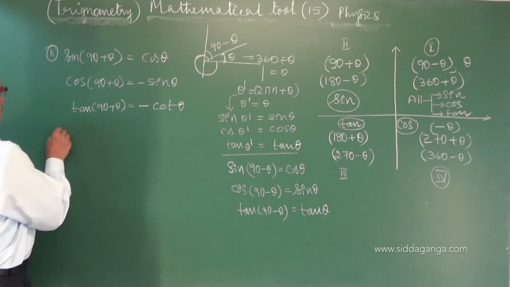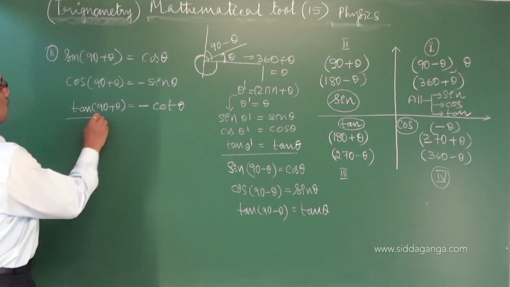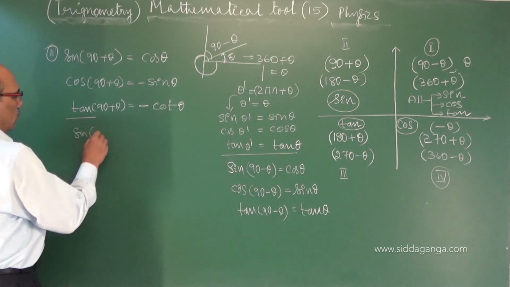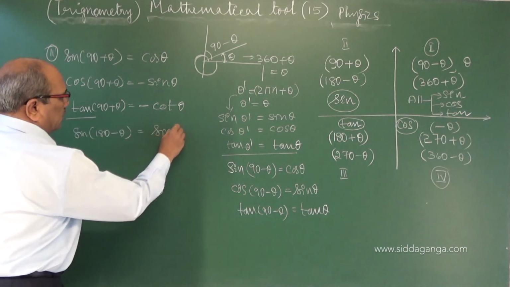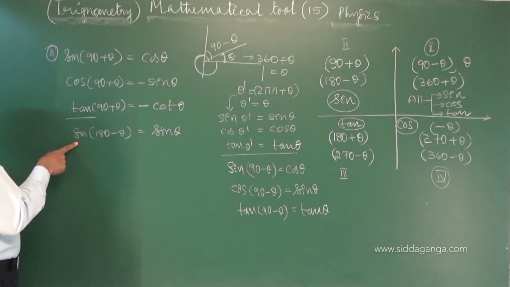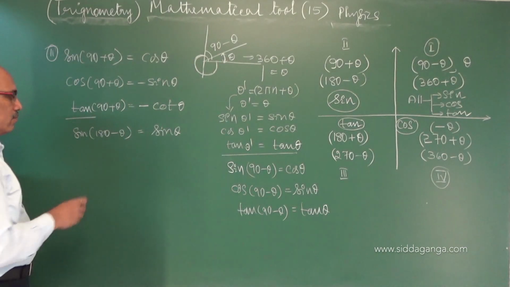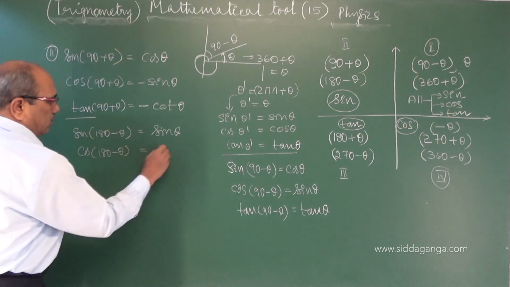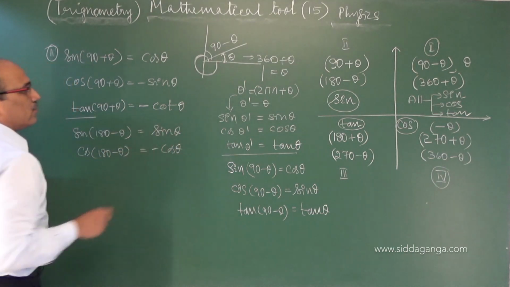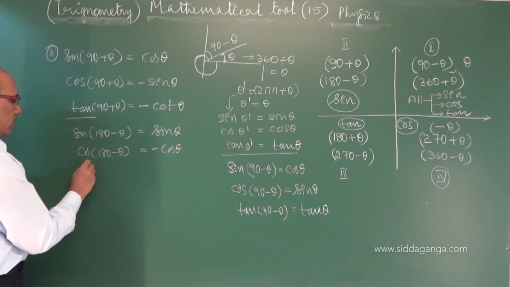And sin of 180 minus theta remains sin theta, because of the quantity in the second quadrant. Cos of 180 minus theta is nothing but cos theta, but negative, since in the second quadrant cos is negative.